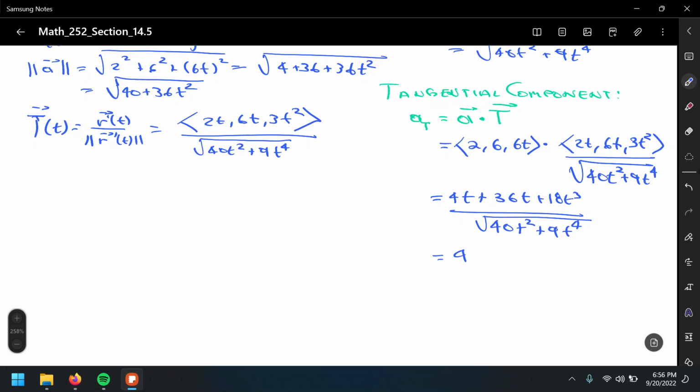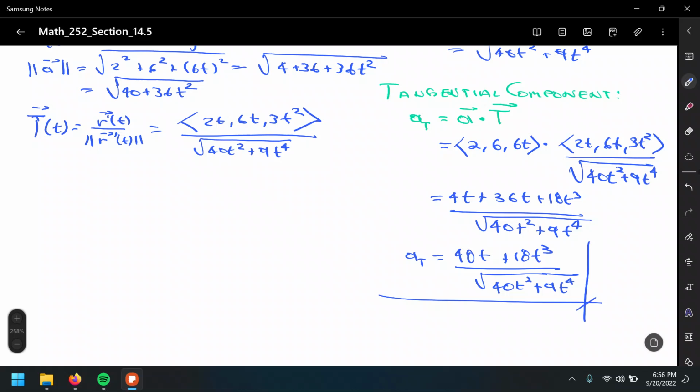That's going to give us 40t plus 18t cubed, divided by the square root of 40t squared plus 9t to the fourth. Alright, so that's a sub t. That's the first part of the answer. Now let's get the other component, the normal component.